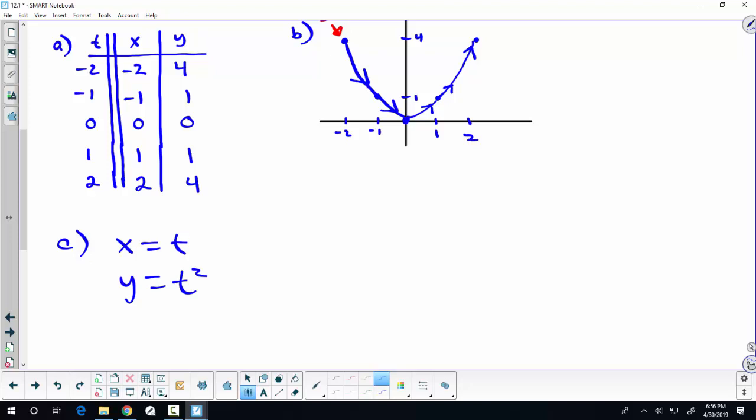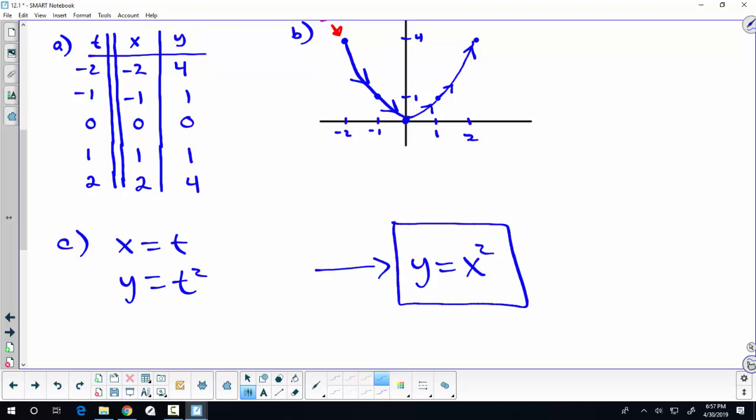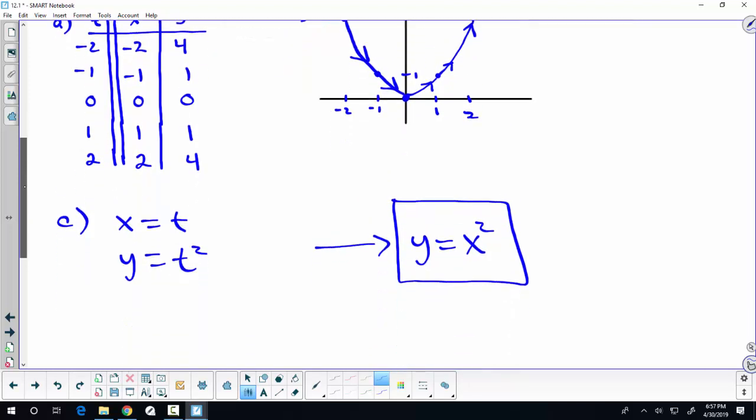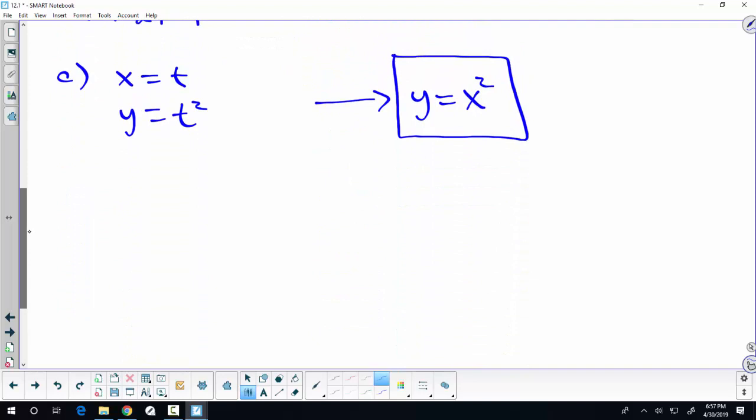So we get y equals x squared. That's our Cartesian equation. Notice since we restricted t, it's not the complete parabola, right? It's blocked off from -2 to 2.